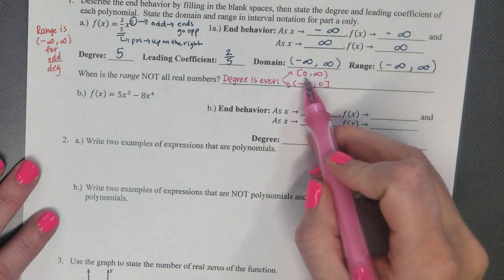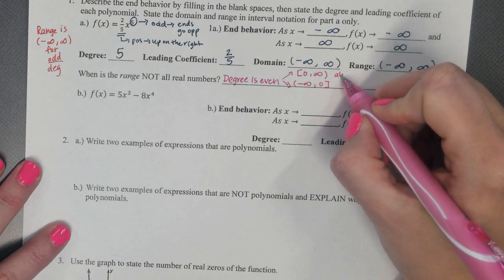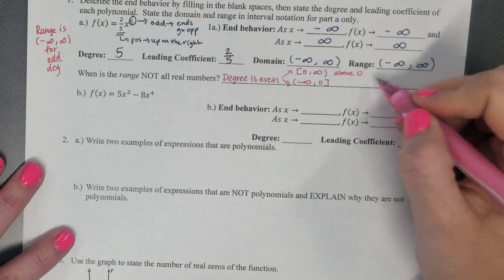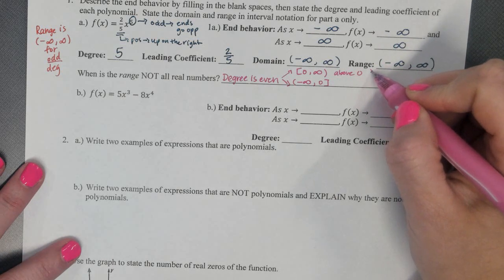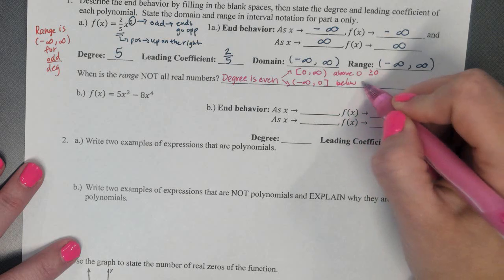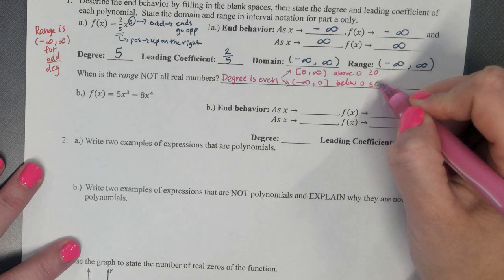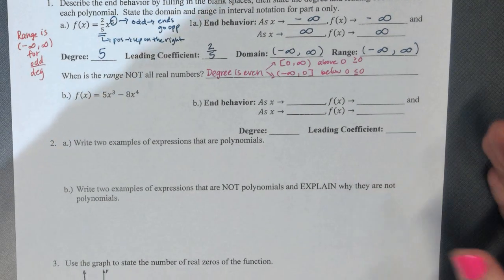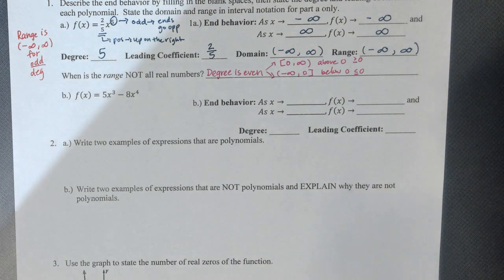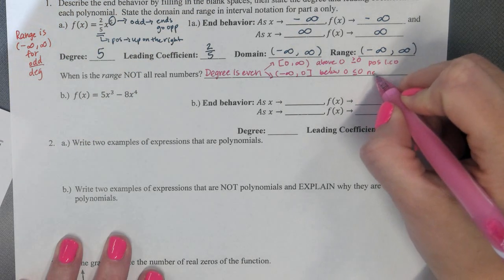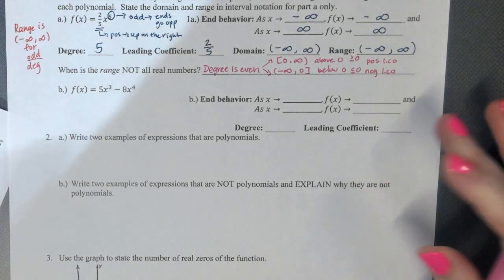So this is saying they're all above 0. Okay? Or 0 and above. Okay? And this is below 0. Okay? So know the situations for that. Positive leading coefficient, negative leading coefficient.